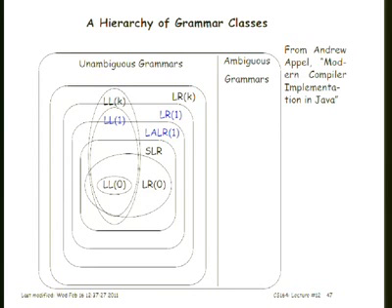That's the LR construction, except we collapse some of the tables. And then you have the LR series, LR1 and LRK. These are all unambiguous and, in fact, deterministic grammars. These are all contained inside a larger class, the class of all unambiguous grammars.